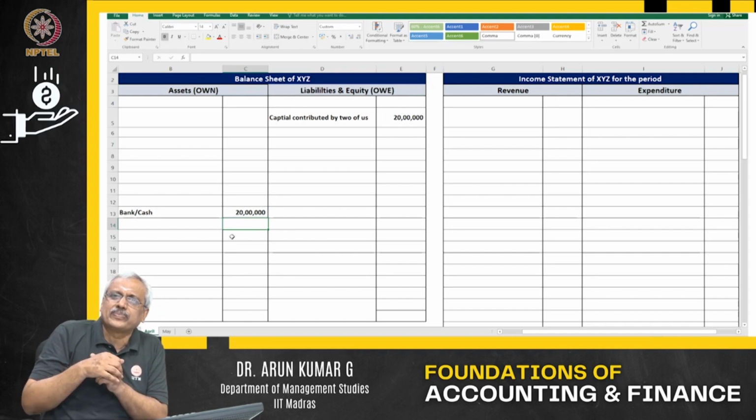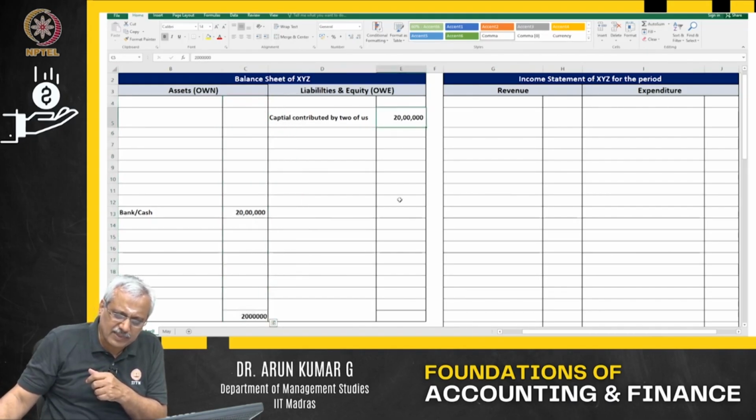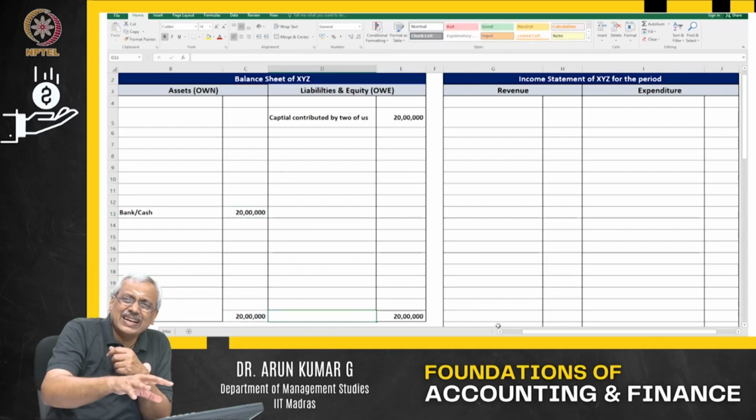Every transaction that happens will obviously get reflected in the P&L or balance sheet, depending on which one it is. So it will get reflected.